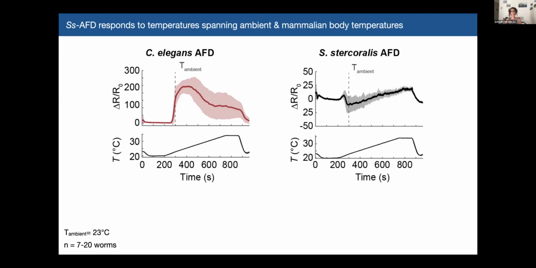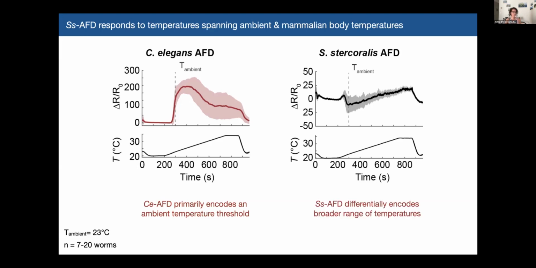temperature. There are some really interesting differences, right? For example, as other labs have shown, C. elegans AFD primarily encodes a temperature threshold. So it's not active below ambient temperature, and then it is strongly active in a manner that doesn't clearly differentiate between temperatures that are higher than the ambient.